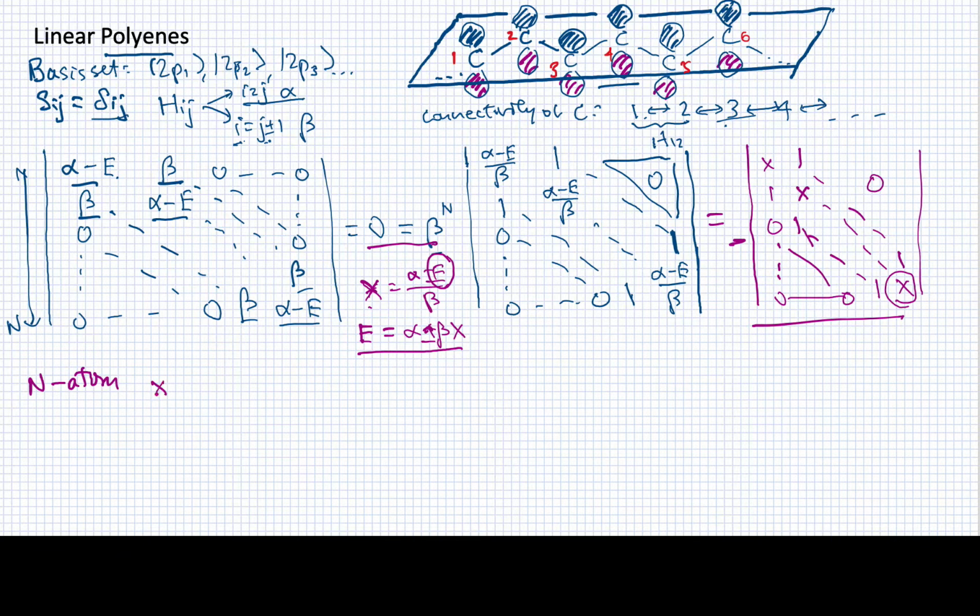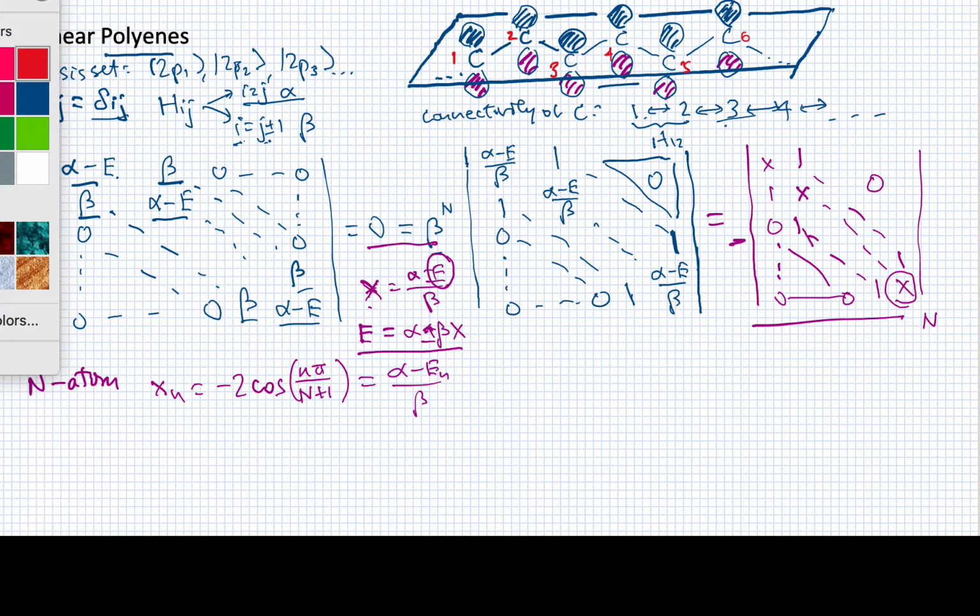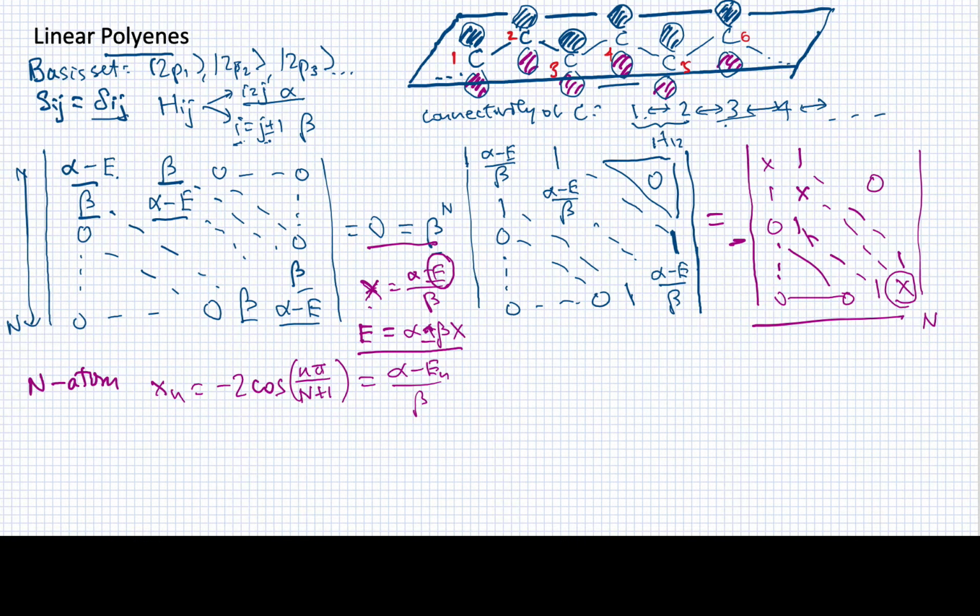The nth value of x, because this will be a polynomial of order capital N, one of the solutions of this could be written as minus 2 cosine n pi over capital N plus 1. All right, and let's not worry too much about where that comes from, but remember that this is equal to alpha minus E sub n over beta. So when I solve for E sub n, what will I get?